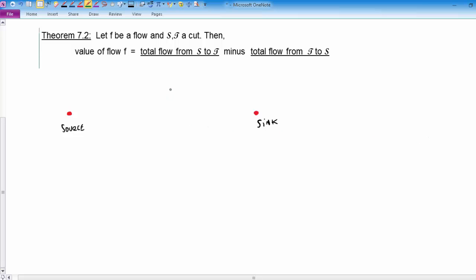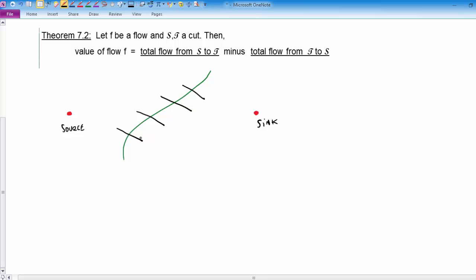This means that if we do have a cut somewhere in the middle of the network, so here I only show the source and the sink. I don't show any edges here, but let's suppose there is a network here, and there is a cut somewhere in there. Now we look at all the edges, or the arcs, going through this cut.